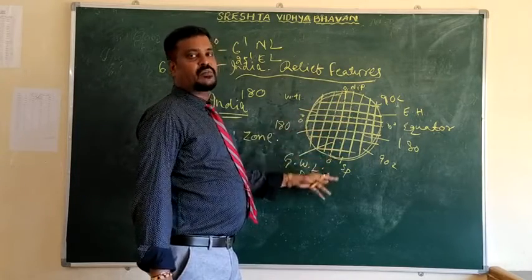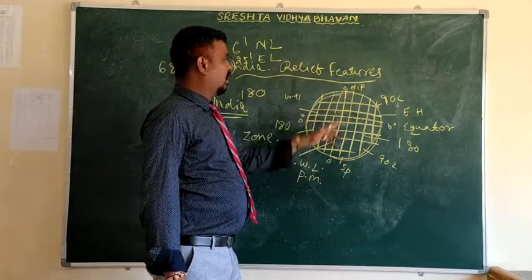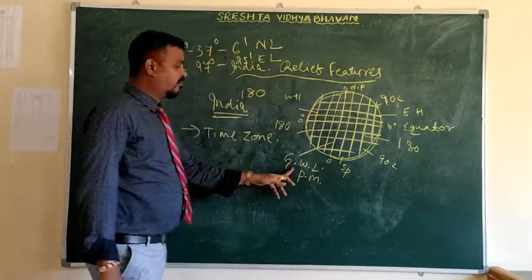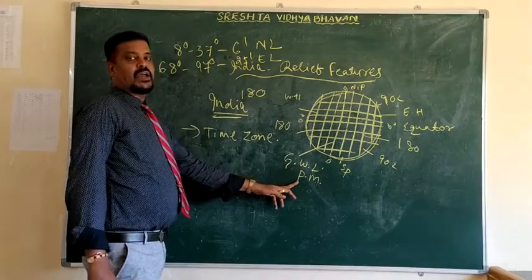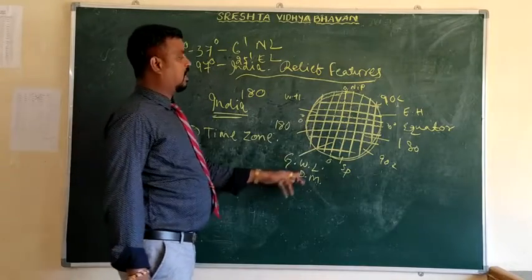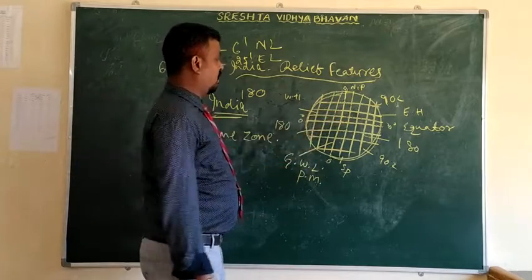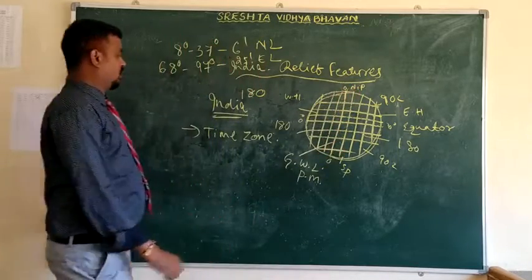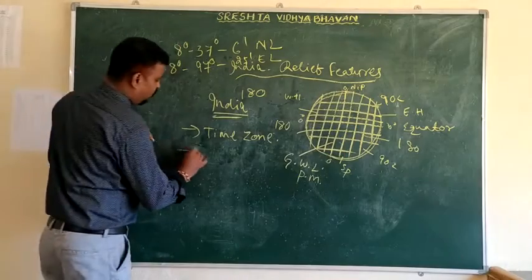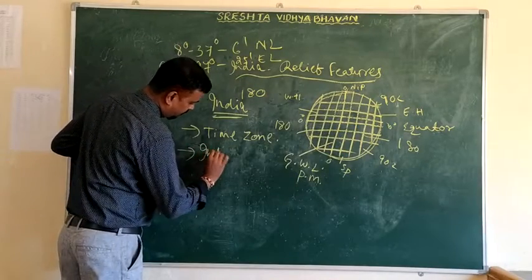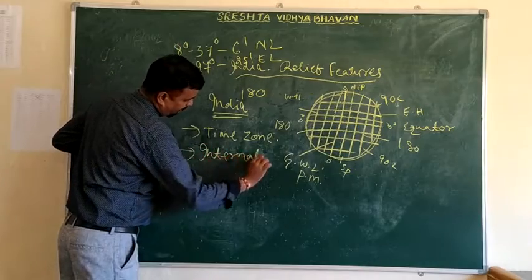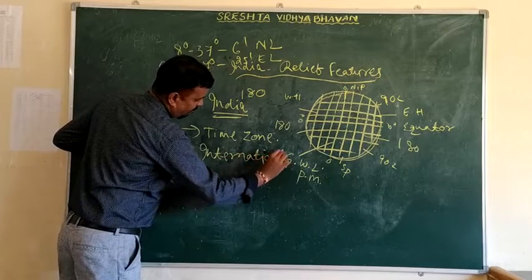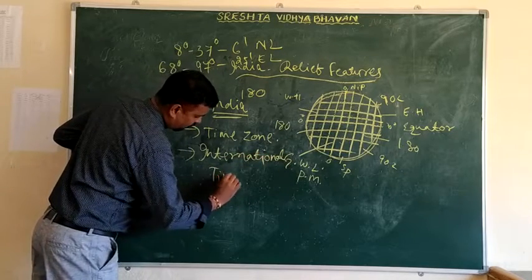Every country must follow the 0 degree longitude, or Greenwich longitude, or prime meridian. So this is the international time zone.